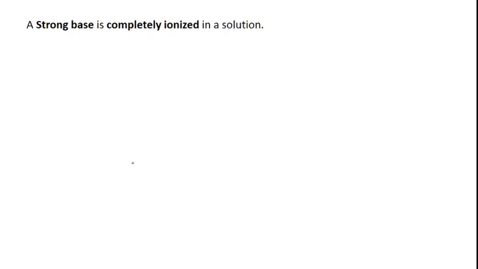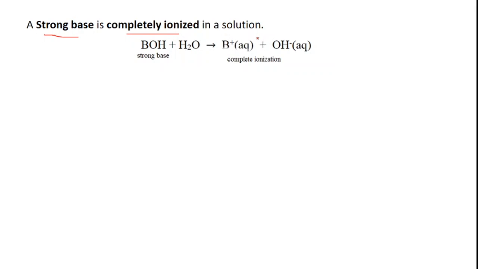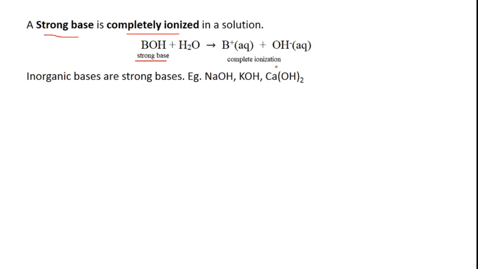Same as acids, base strength also depends upon its ionization. A strong base is completely ionized in a solution. Consider the reaction between any base like BOH in water. If complete ionization of the base takes place, then the base is considered a strong base.